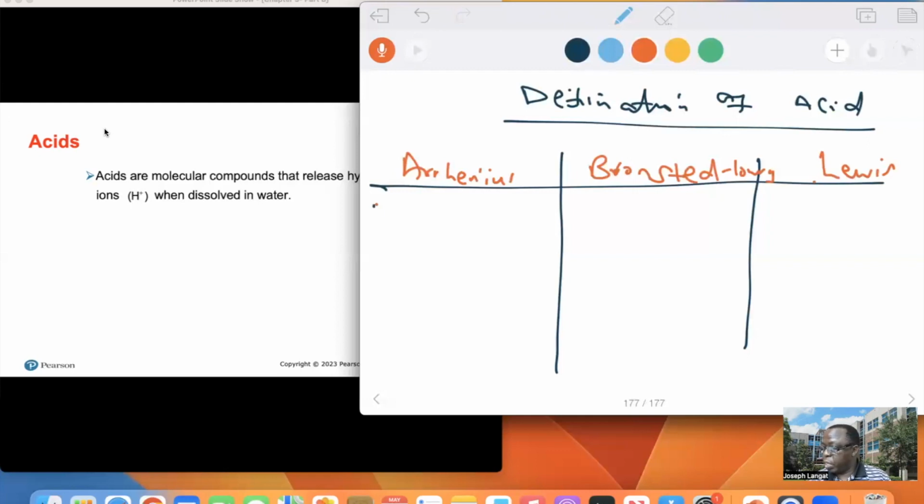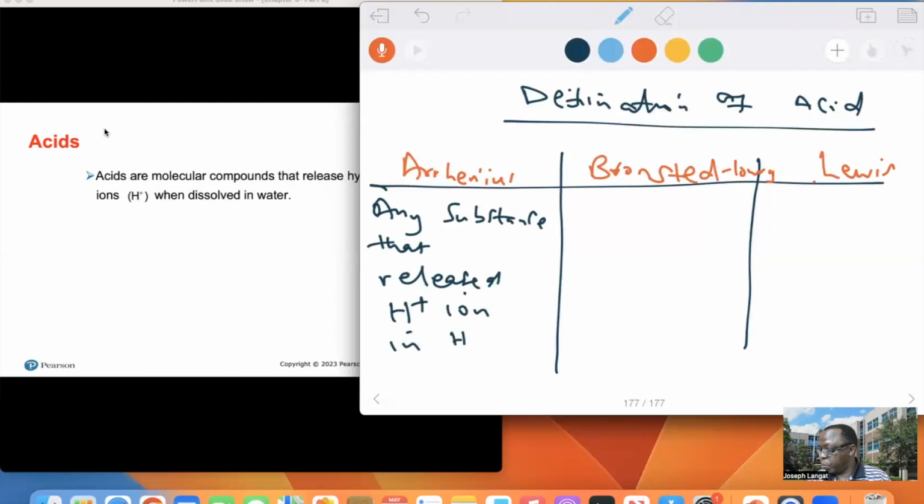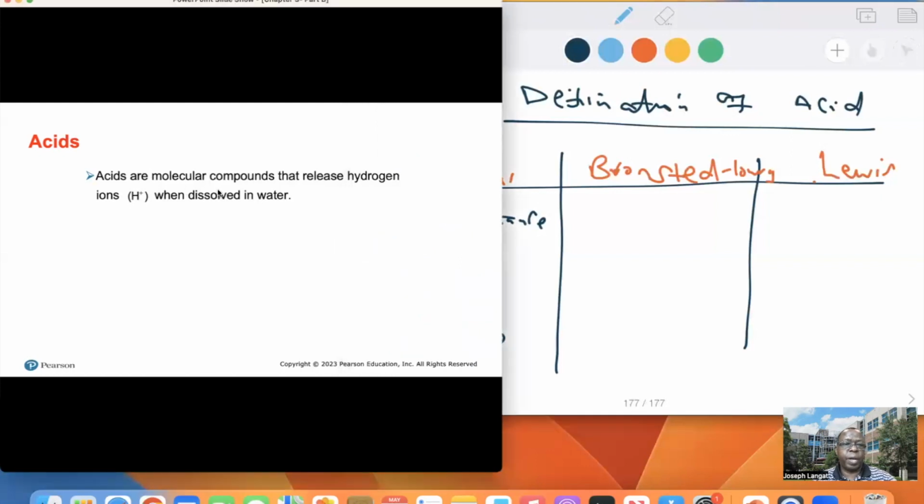You define this as any substance that produces hydrogen ion, you must say hydrogen ion, in H2O, when dissolved in water. And I think this is the definition of Arrhenius.